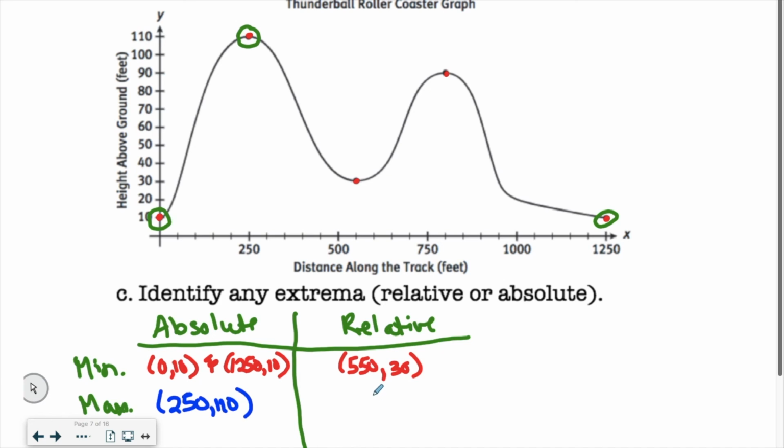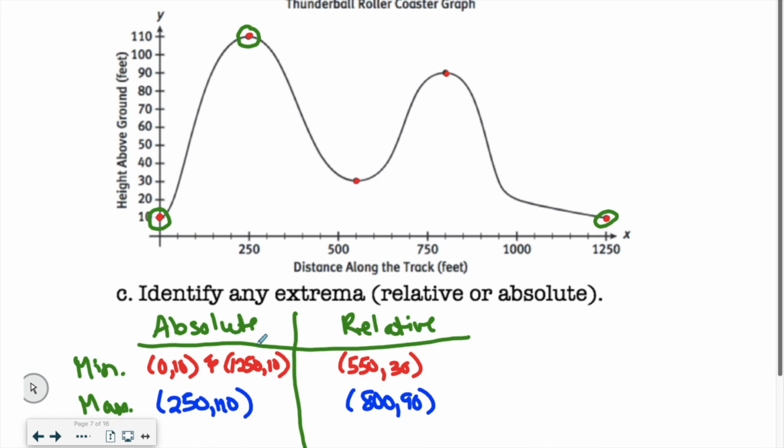And my relative maximum, which is another high point but not the highest point, is at 890. So we've got two absolute minimums, one relative minimum, one absolute maximum, and one relative maximum.